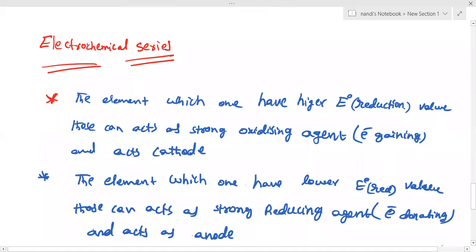Series means any values arranged in increasing order or decreasing order; that's a series.